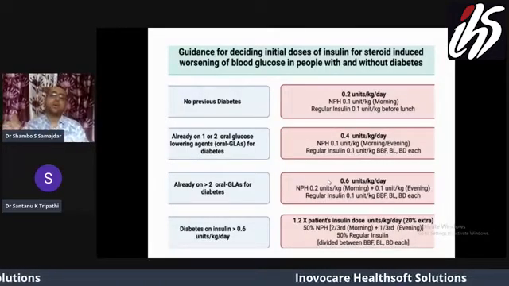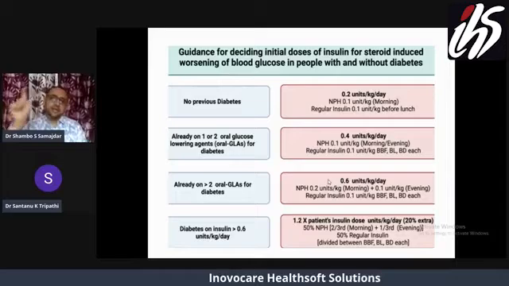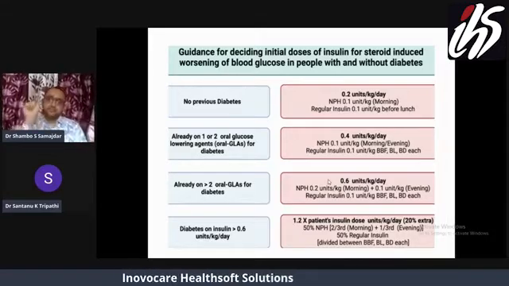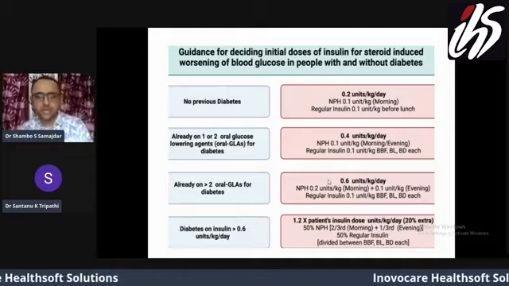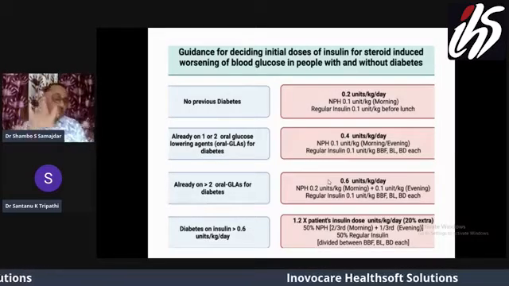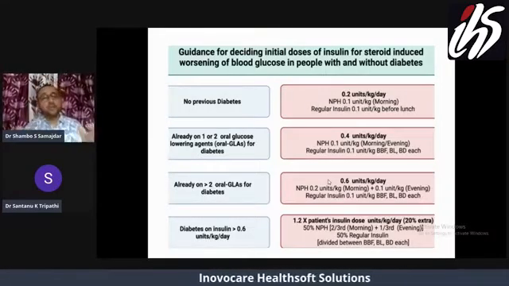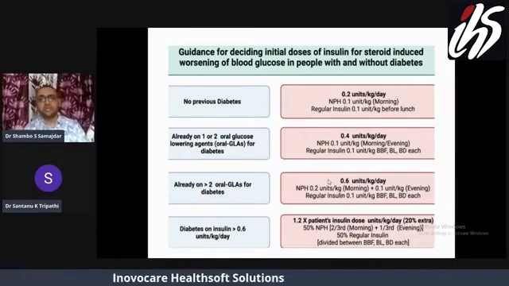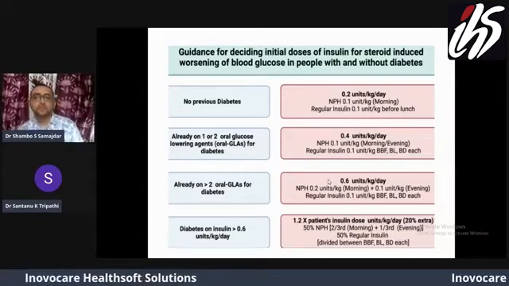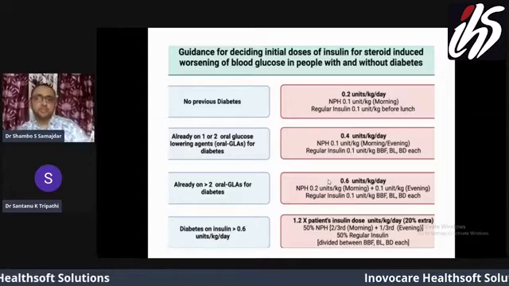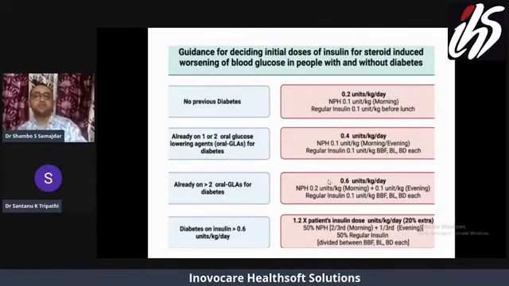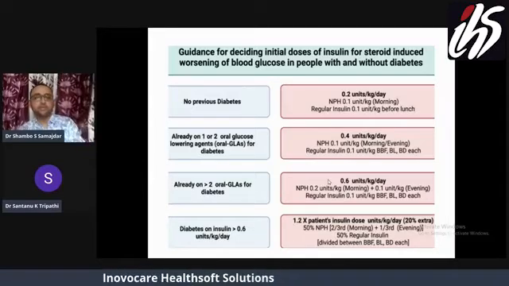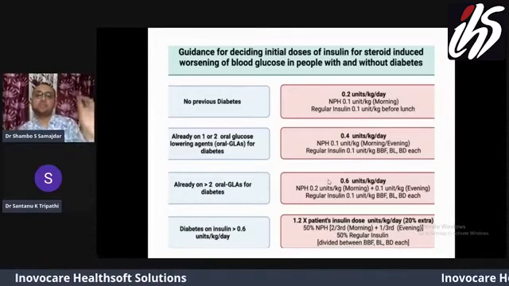Now, while using steroids, the Government of India guideline has also classically mentioned when to use which insulin and under what other conditions. So if there is no previous diabetes, but there is hyperglycemia, we need to give 0.2 unit per kg per day.